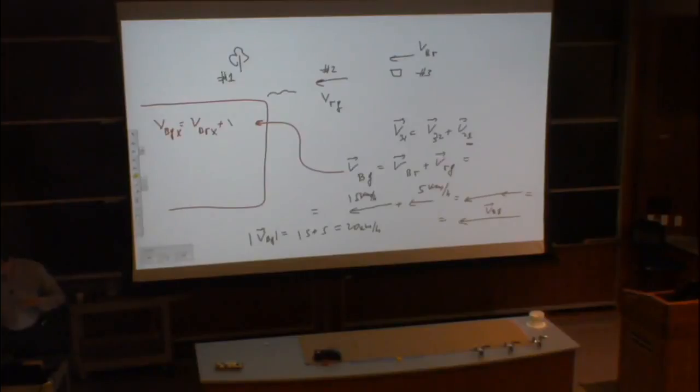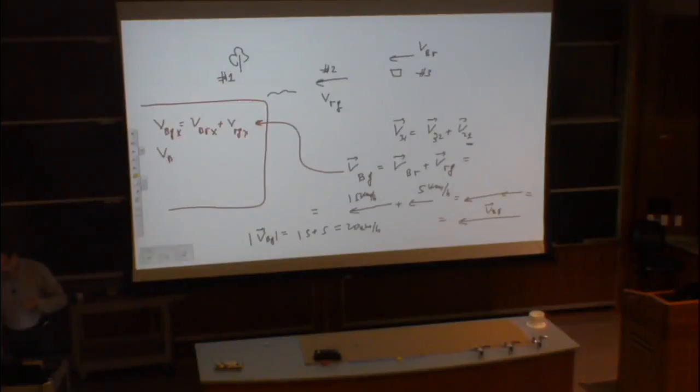This is the equation, B_RG x. Like you did in the homework, the equation which relates vectors automatically relates components.